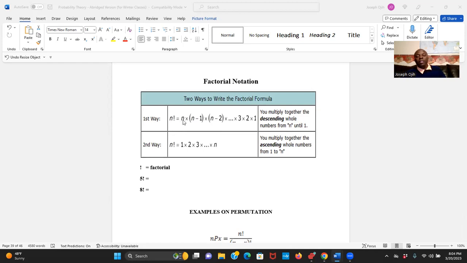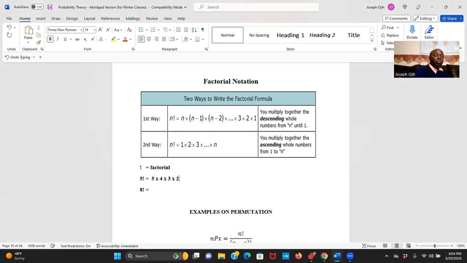So n factorial means n times n minus 1 times n minus 2, all the way to the last one. You multiply together the descending whole numbers from n until 1. So if you have 5 factorial, it means 5 times 4 times 3 times 2 times 1.